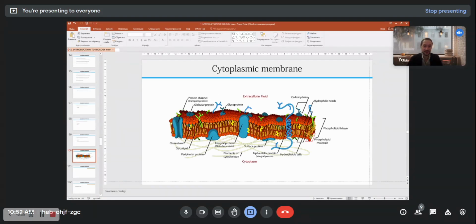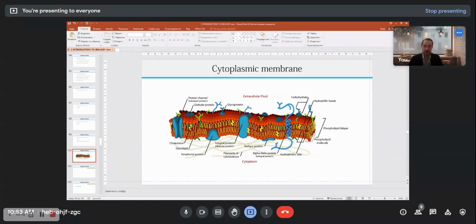Here you see a nicely detailed illustration of the cell membrane. You see a lot of structures painted in red, not so many structures painted in blue, and just a few structures painted in green. Those painted in red are phospholipids, and you see how many of them are presented in this picture.